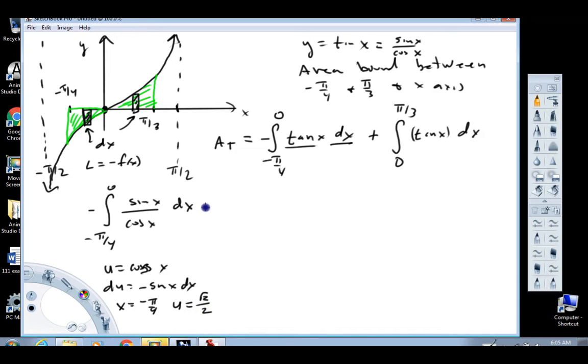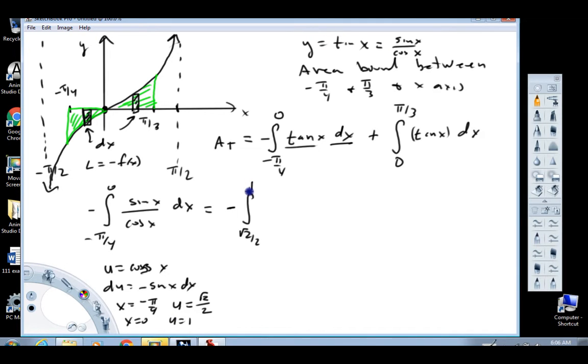So this integral can be written, minus integral, from minus pi over 4, which is now root 2 over 2, to 0. Oops, I forgot to do the 0. If x is equal to 0, cosine of 0 is 1. u is equal to 1, so there's my top limit.